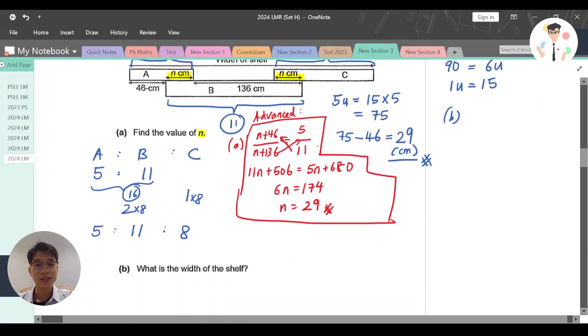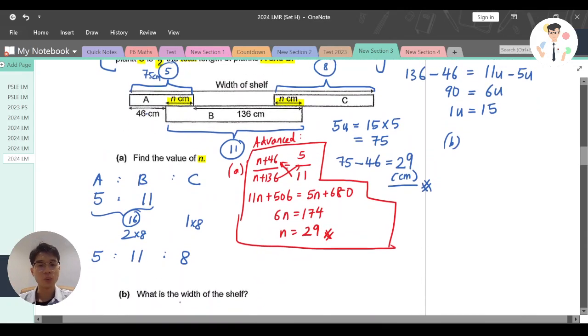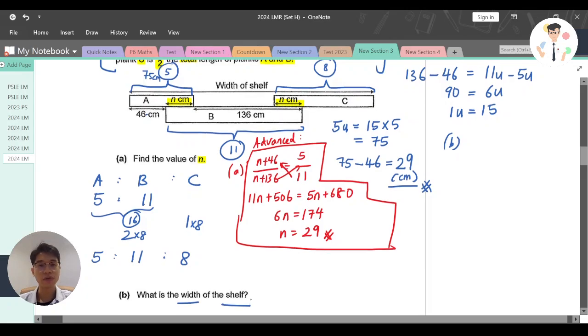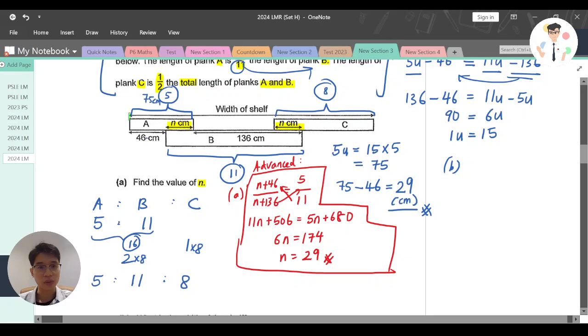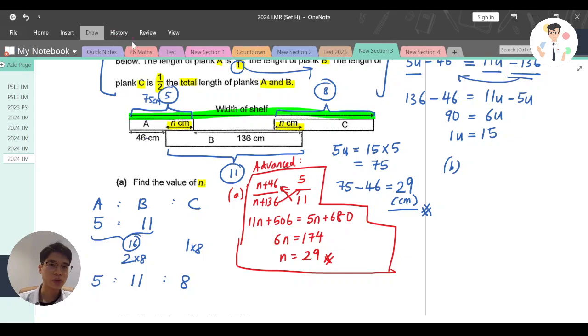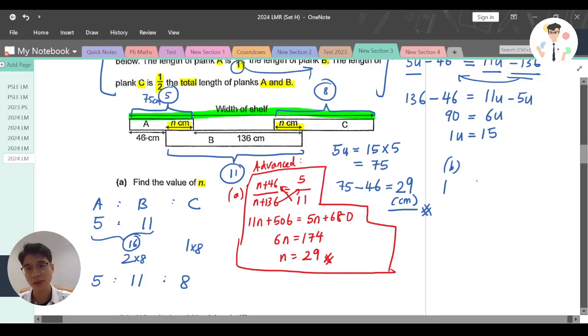B, the question is actually asking, what is the width of the shaft? The width of the shaft, if you look carefully in this diagram, is from here up to here. Let me quickly draw it here like this. Then I have like here, then I have like here. Correct, that's basically what I have, right?